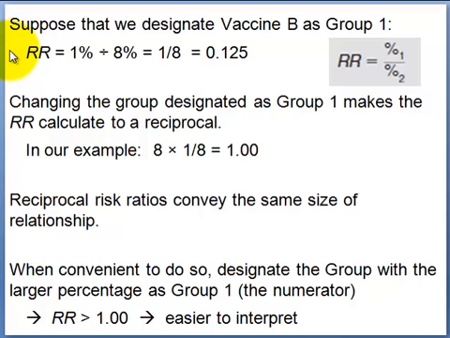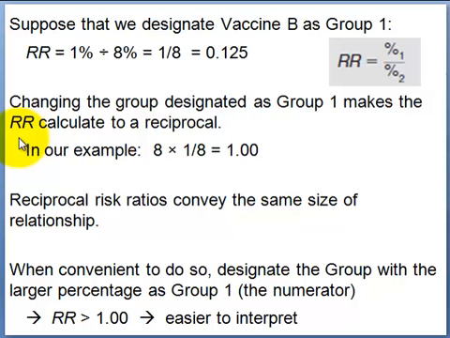The risk ratio calculates to 1/8, or we could say 0.125. And here's a little point worth remembering: changing the group designated as group 1 makes the risk ratio calculate to a reciprocal.